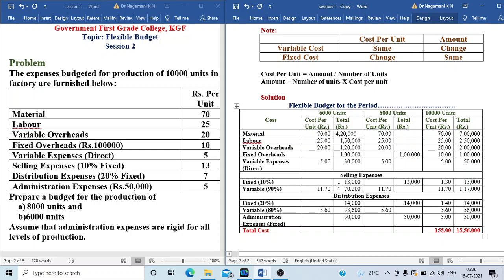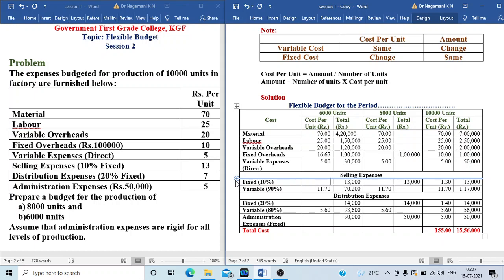Now cost per unit is blank for fixed overhead, that we need to enter. The formula for cost per unit is amount divided by number of units. Here see the fixed overhead, the amount is 1 lakh divided by 6000 units. 1 lakh divided by 6000 is 16.67.